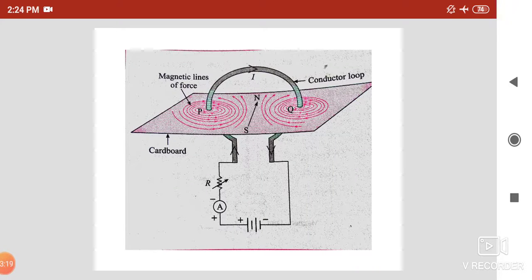You can see there is a copper wire which has a number of turns, and both ends of the copper wire which forms the loop are connected to the battery. This loop passes through 2 points of the cardboard. In the same way we have to spray the iron filings at each point.